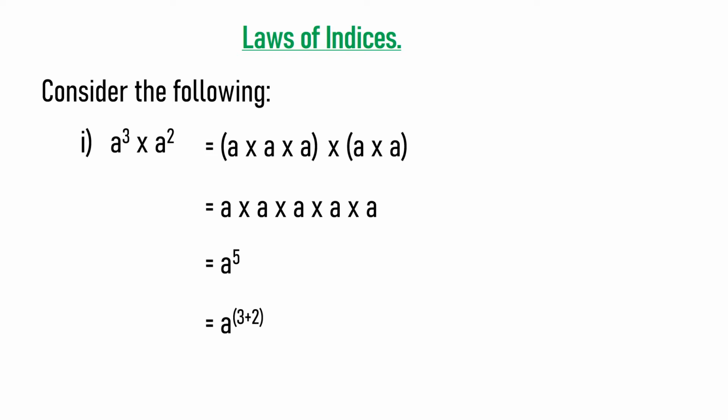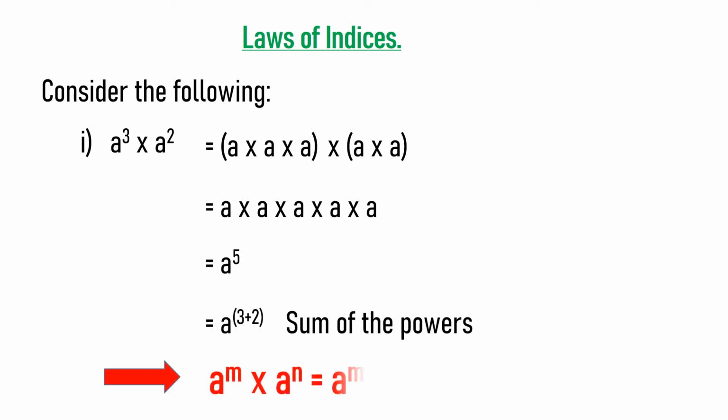That is a raised to power 3 plus 2. So that is the sum of powers. This implies that in general, if you have a power m times a power n, it is the same as a raised to power m plus n. This gives us our first law of indices.